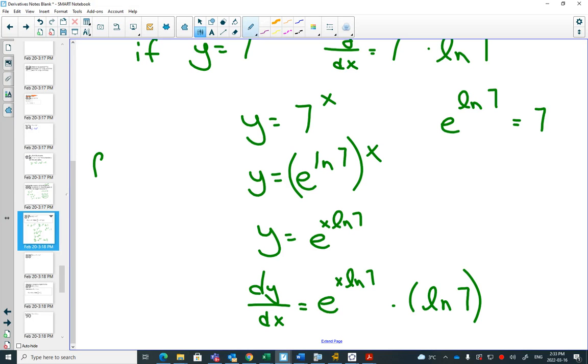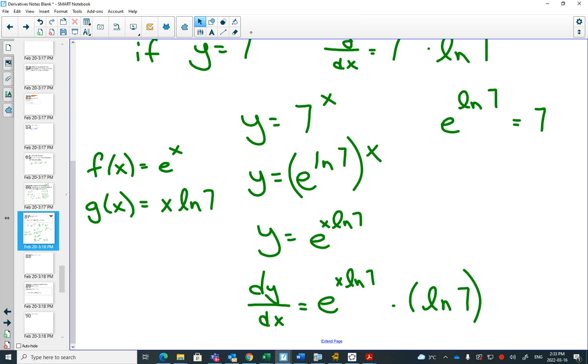I'm saying my outside function is e to the x. My inside function is x natural log of 7. Can you see that this part is inside where the x is?